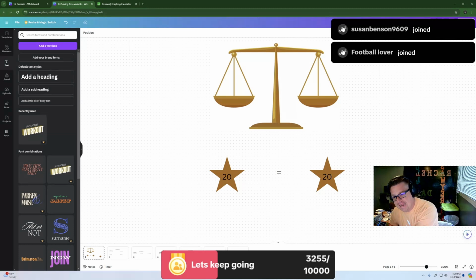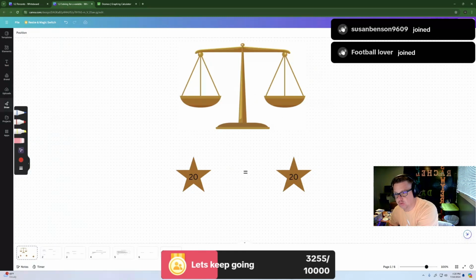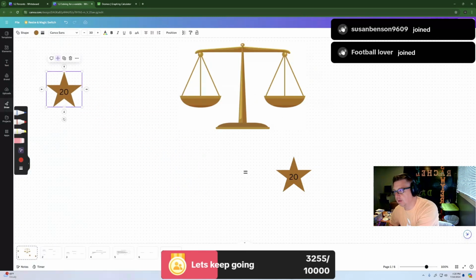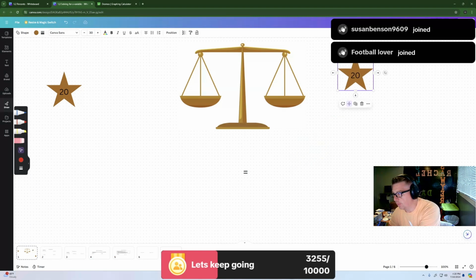And if I were to legitimately take this 20 off of this side, then it would go whoop, and the 20 would just throw the scale way off. So then we would have to take the 20 off this, okay? So that we rebalance the scale. When we do these types of things, there's names mathematically for what we call them. However, for today, we just want you to understand you're trying to balance this idea.